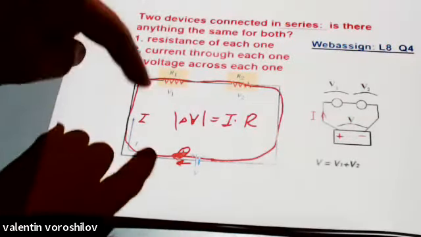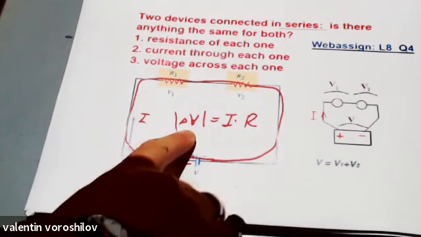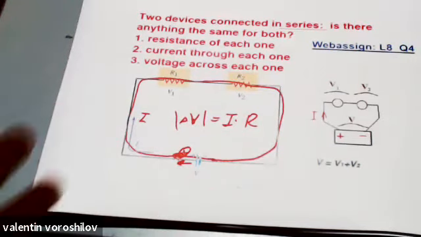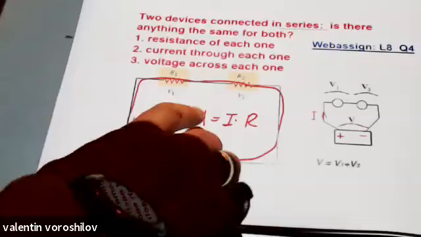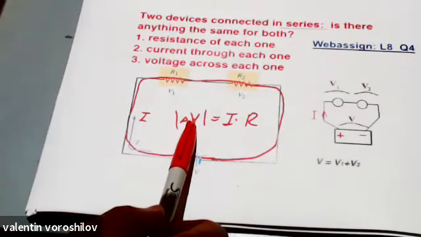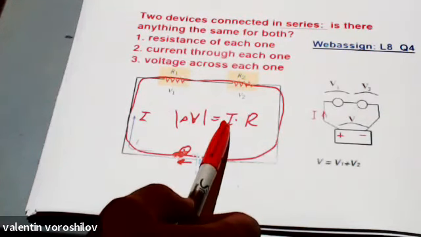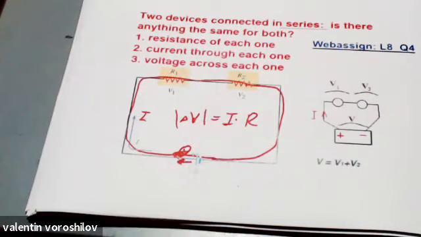However, when we write this equation, we need to know, first of all, the exact meaning of each variable. Is this potential? Well, technically, V is potential, but the whole thing is voltage. What's I? Electric current.